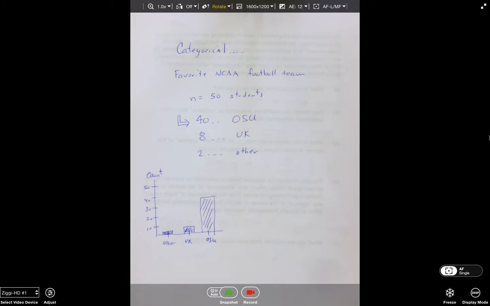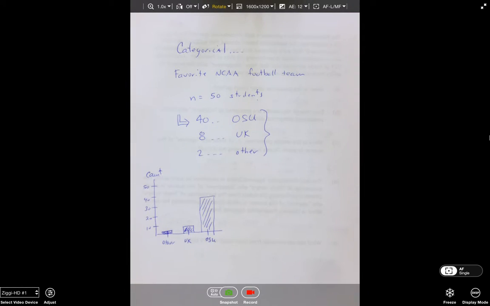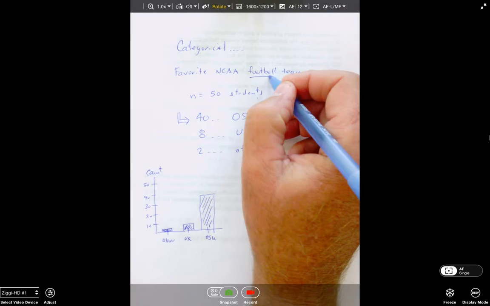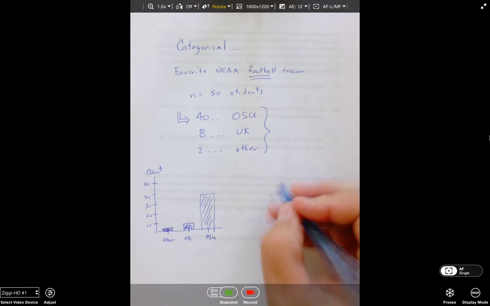And this chart tells us pretty much what we knew right up here, that most students would be Ohio State fans in football. Now, I kind of think if we were doing this in basketball season that the results would be different.